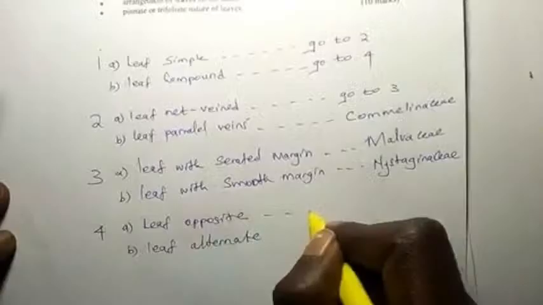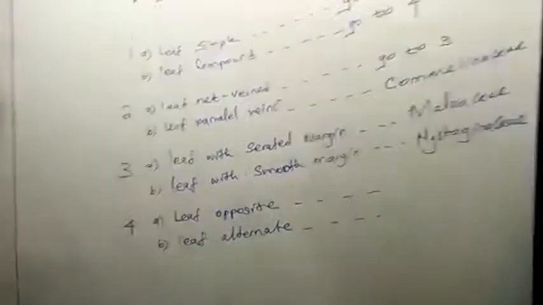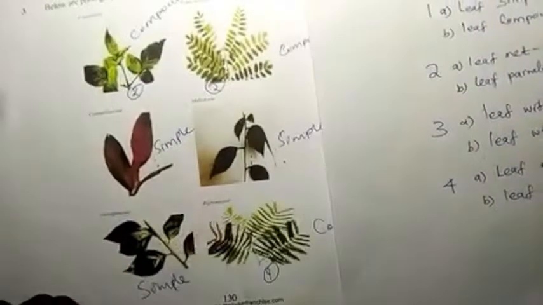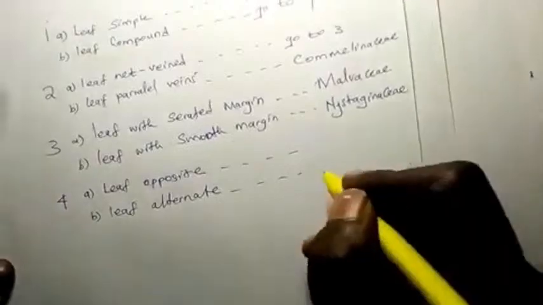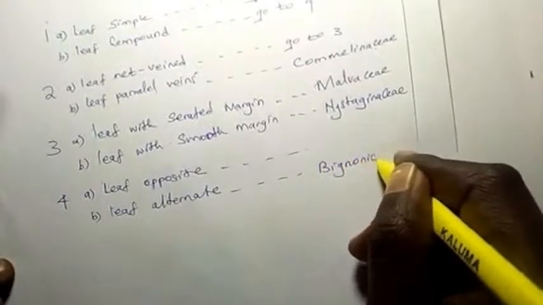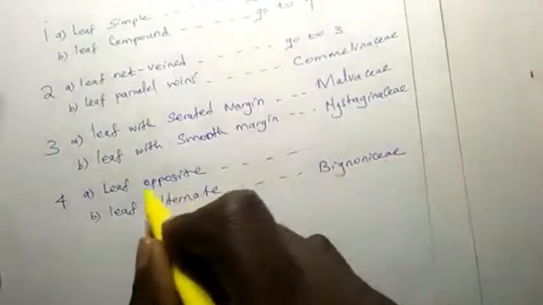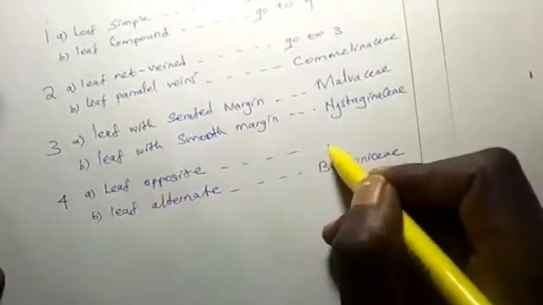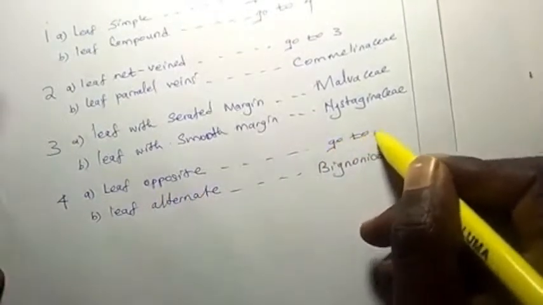Therefore, we will say leaf alternate, its name is this one, which is Bignoniaceae. While here now, because there are two, we say go to 5.